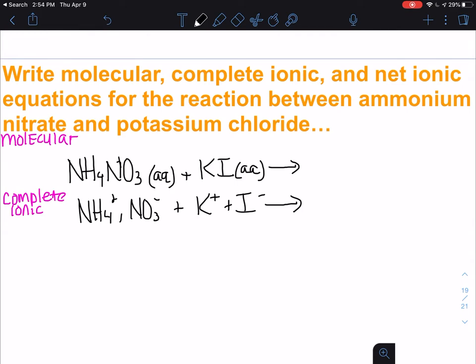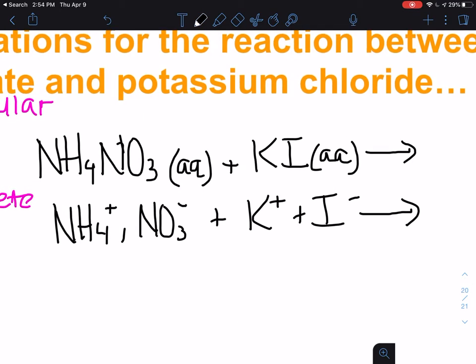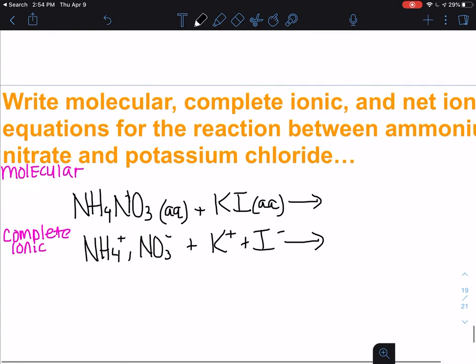Now that I have started my complete ionic, I'm not going to finish it until I finish the molecular, by making sure that everything balances out. Everything's one to one, so I don't really need to do anything.